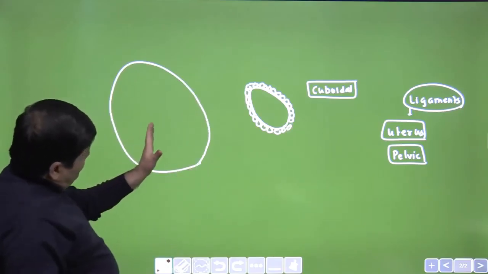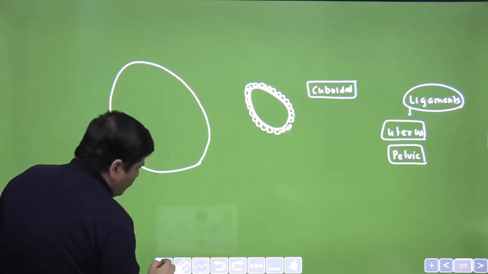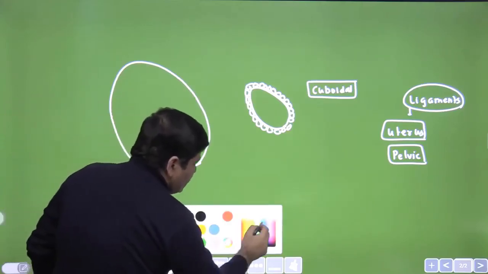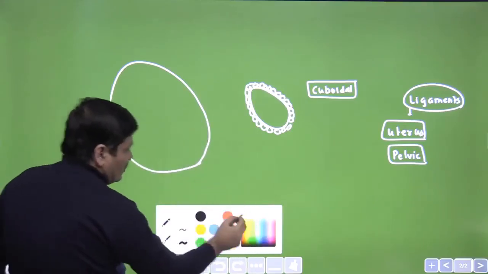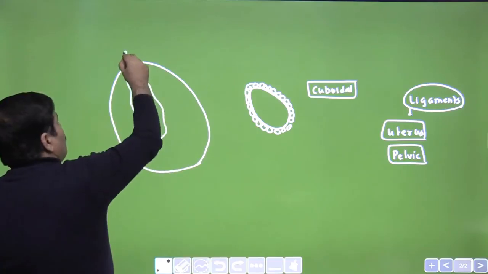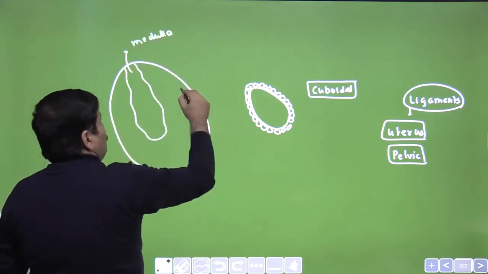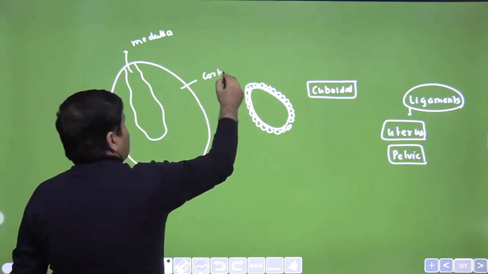The stroma of the ovary would be divisible into a central portion, let us take this color, the central portion which would be called the medulla, and obviously the outer part would be called the cortex.